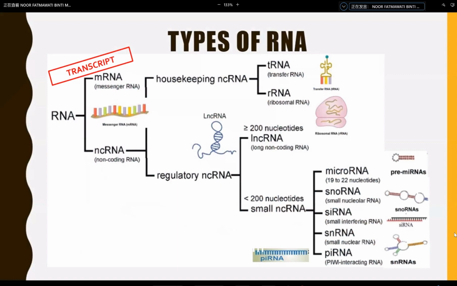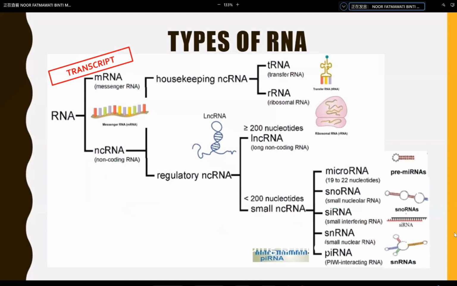Okay, so these slides are basically just a recap. I think you've seen this in Dr. Eugene's or maybe in other classes. There are many types of RNA. We have messenger RNA as the important one, where it encodes for our protein, and then there is non-coding RNA.